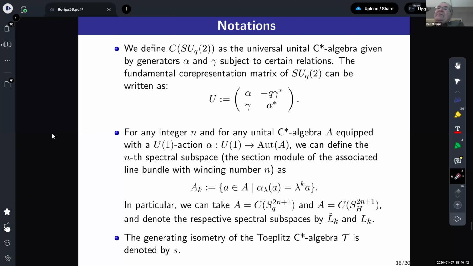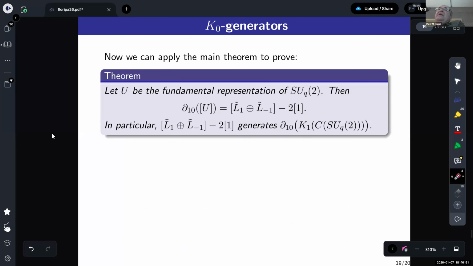Please bear in mind that for me, the generating isometry of the Toeplitz algebra is S. So S star S equals 1, that's the only relation. Now we can apply the main theorem I told you above to prove what we wanted in a specific case, namely determining the generator of delta 1, 0 of K1.